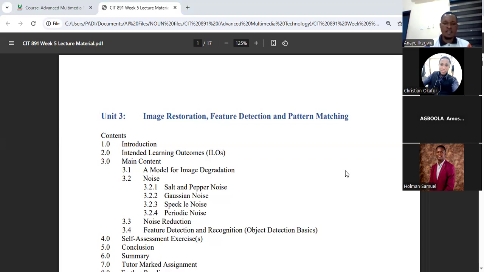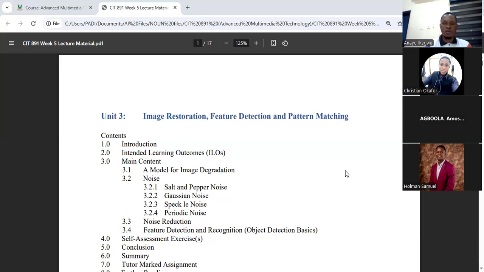Under this, we'll look at a model for image degradation. We'll also look at noise. Under noise, we'll look at some of the subcategories of noise, such as salt and pepper noise, Gaussian noise, speckle noise, and periodic noise.